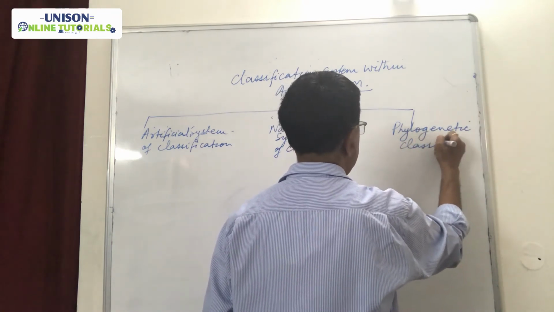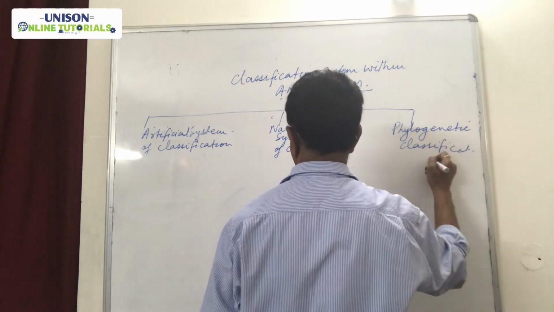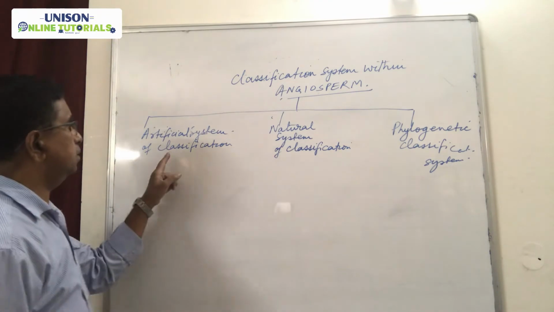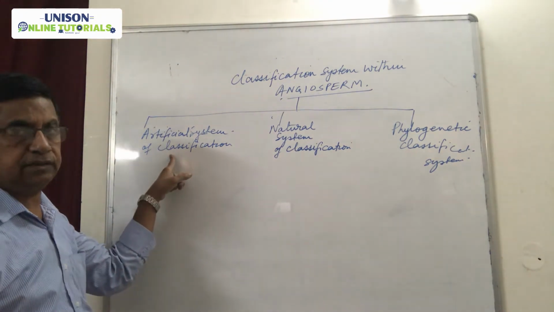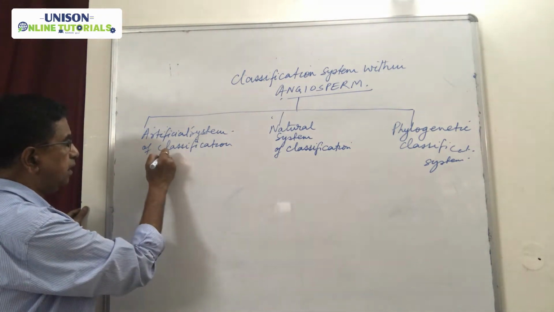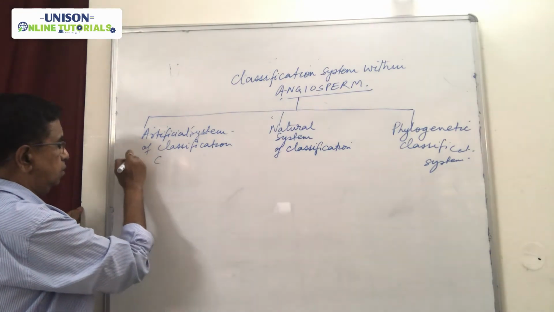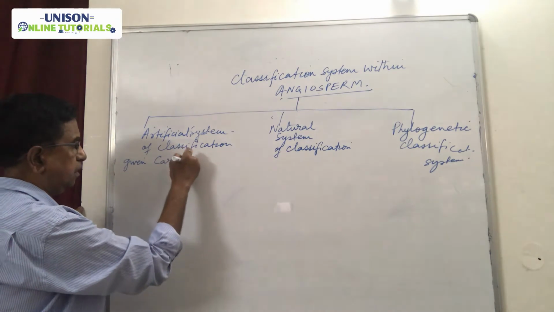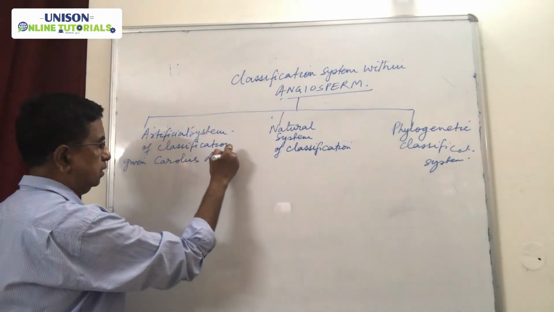So first we will take up what is the artificial system of classification. It was given by Carolus Linnaeus.